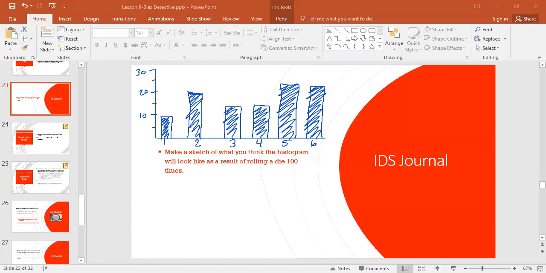Once again, raise your hand in the participants window once you are done with your histogram.